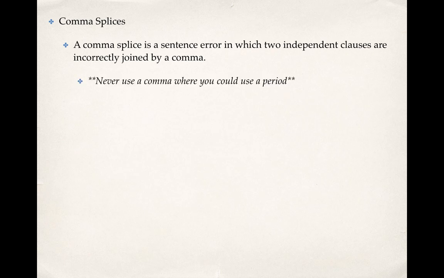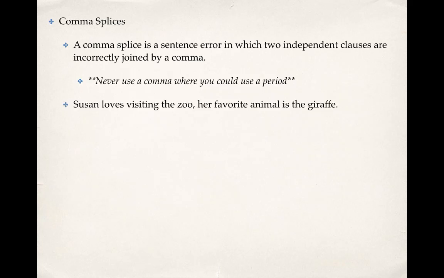And so a little helpful hint that I always give my students is never use a comma where you could use a period. They are not interchangeable marks of punctuation. So if you could put a period between those independent clauses and create two separate sentences, well, that's essentially what a comma splice is. So let me give you an example.